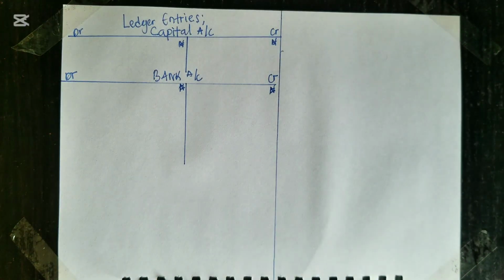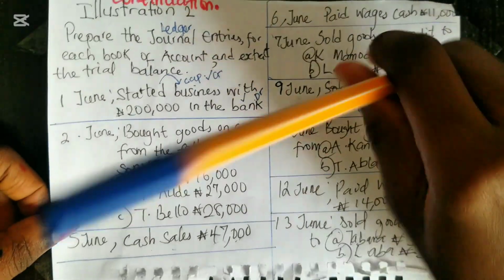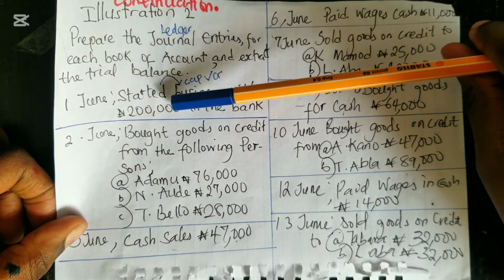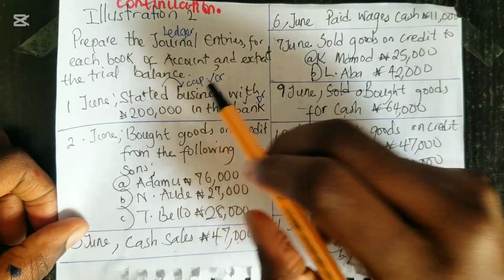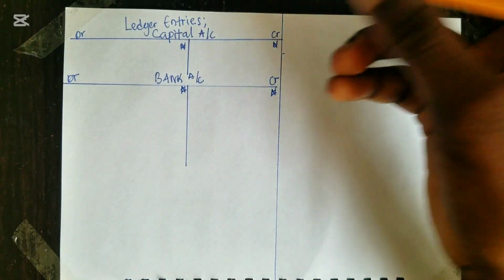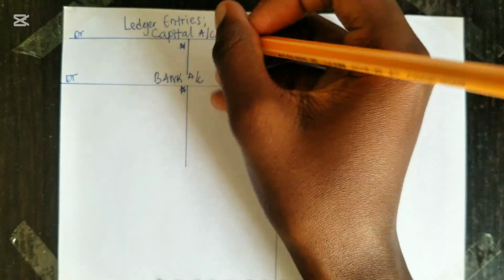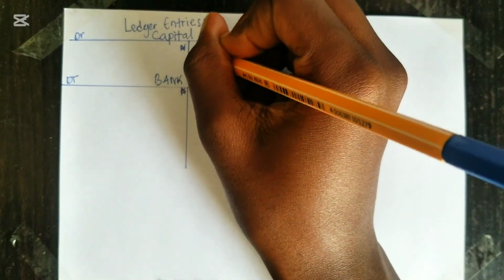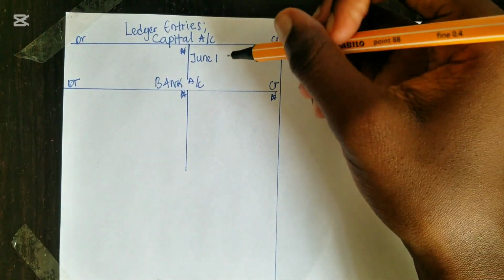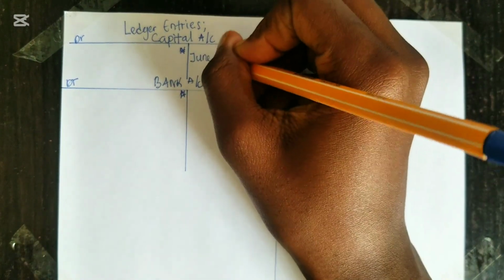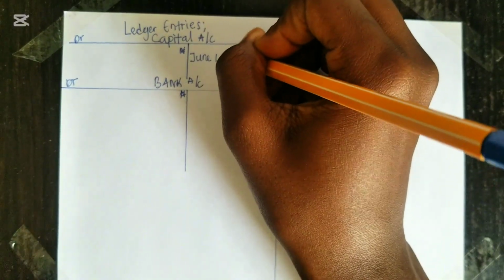So what did they say concerning capital and bank? They said started business with 200,000 naira in the bank. So we're going to credit our capital account and we'll debit our bank account. So our capital account is here, so it's June 1. After June 1, we're going to write as our particulars bank.